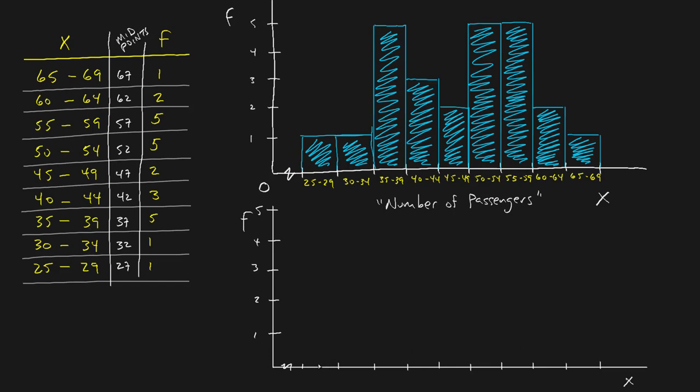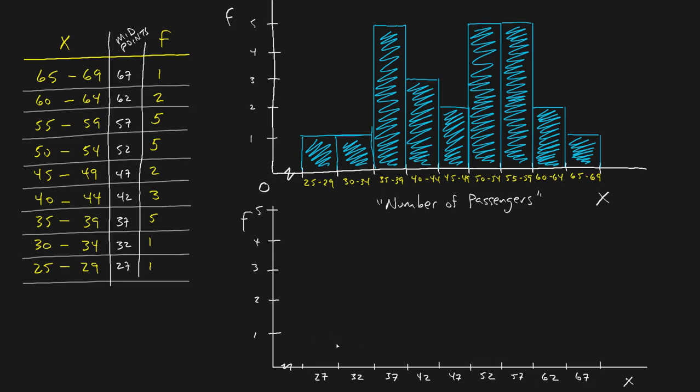Okay, so now I label each one of these categories just with my midpoint. So my midpoint in the first one is 27, and then 32, and then 37, and so on. 42, 47, 52, 57, 62, 67.